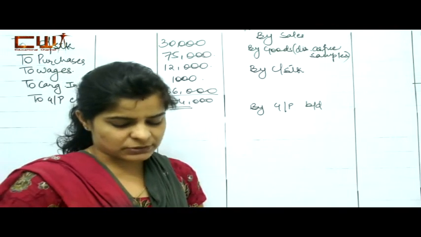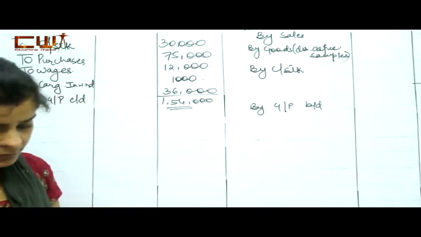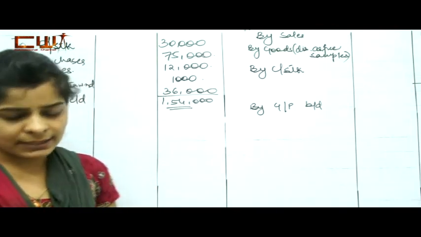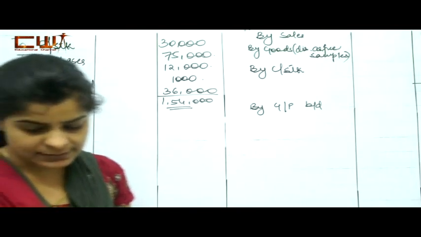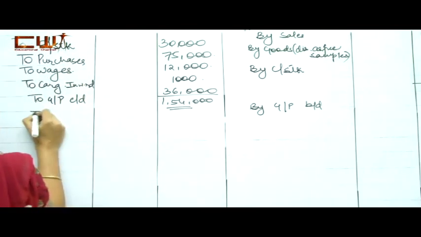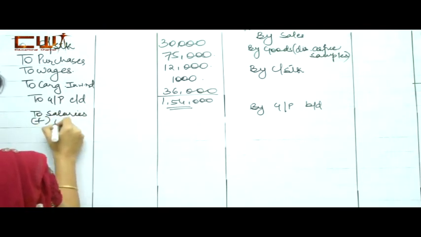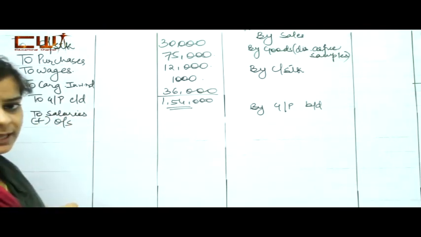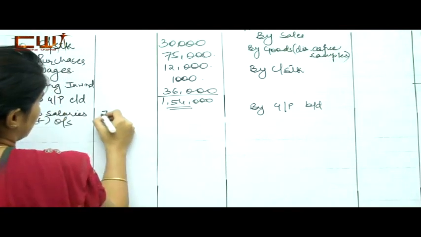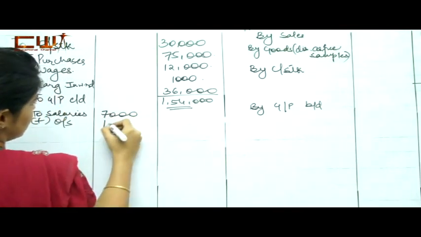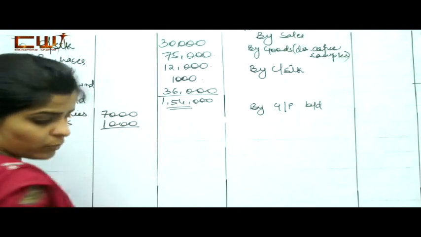Opening stock will not come. Purchases we have taken, wages we have taken, salary is 7,000 and there is an adjustment as outstanding salary is 1,000. So you mention salary, plus outstanding. How much is the salary? 7,000. And what is the outstanding salary given in the adjustment? 1,000.